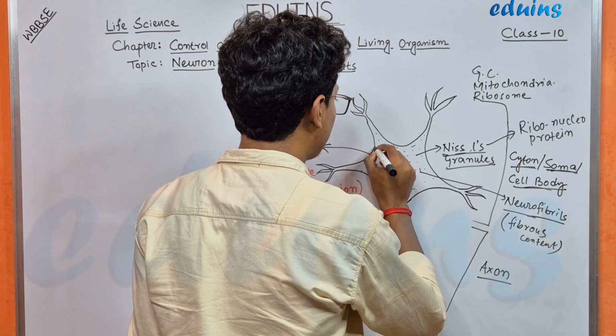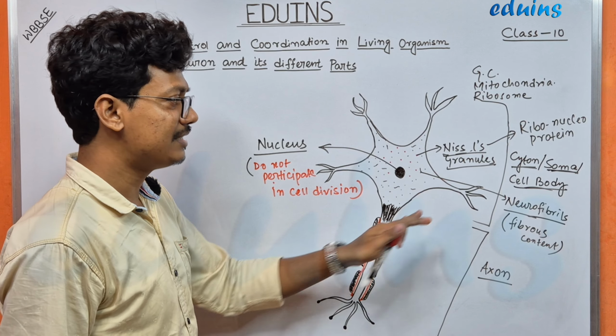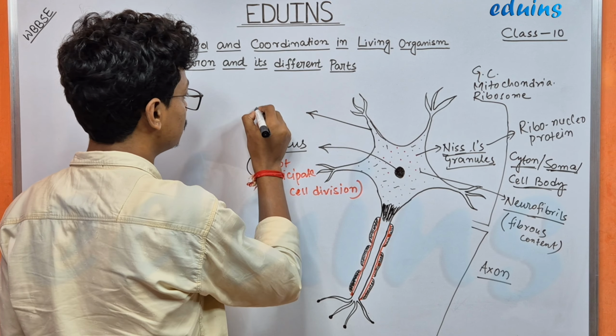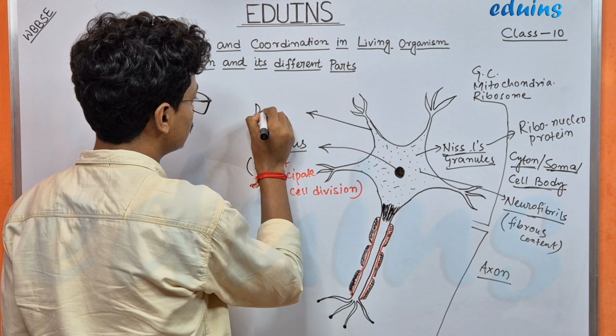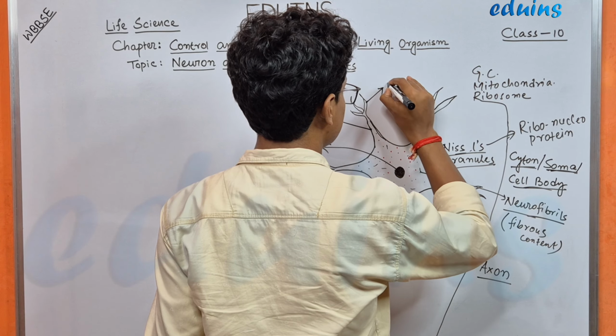The branches or extensions of the cyton, or cell body, are known as dendrons. And the branches of these dendrons are known as dendrites.